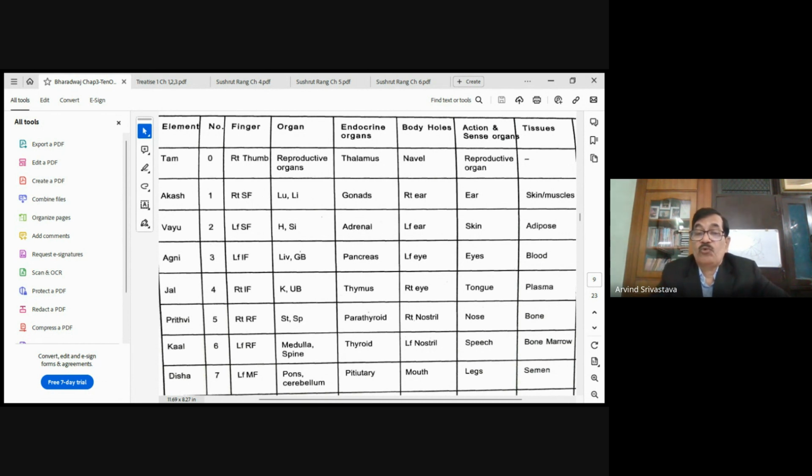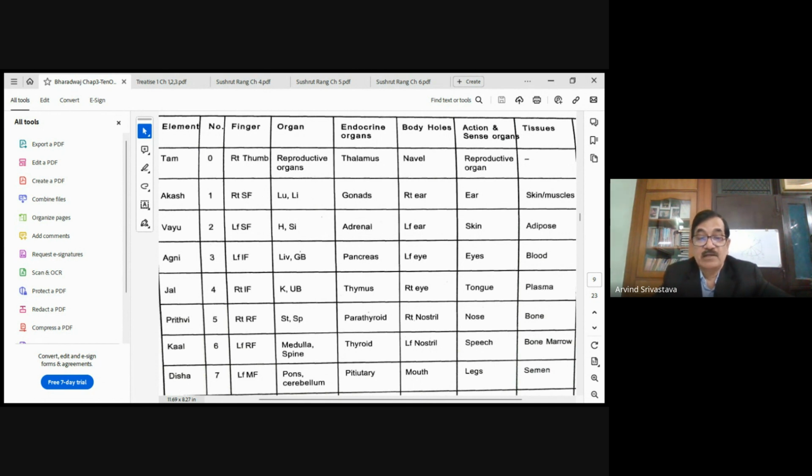Parathyroid is most responsible for calcium. Calcium is parthiv, earthly in nature. That's why it has been kept in finger number 5, parathyroid.